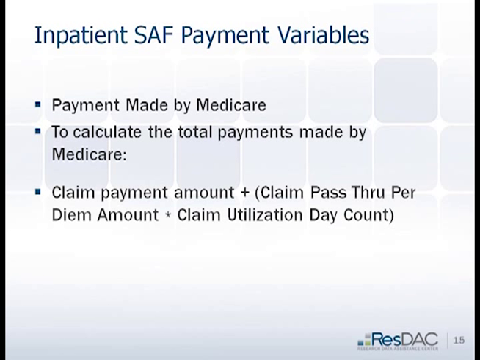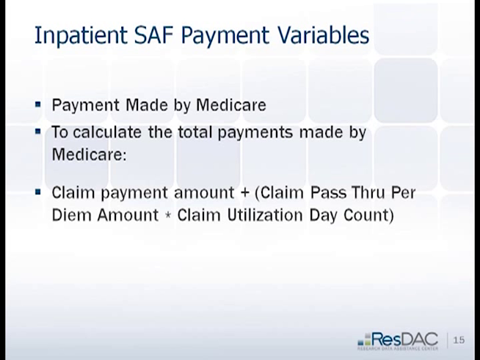So if you're looking to calculate a total payment made by Medicare using the inpatient standard analytical file, you actually have to take the claim pass-through per diem amount and multiply it by the number of claim utilization day count, because that per diem field itself is just what that hospital will get reimbursed for every hospital day that that beneficiary is in the hospital for covered care, or utilization days.